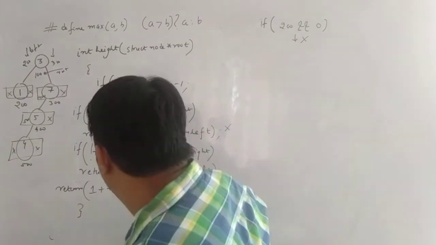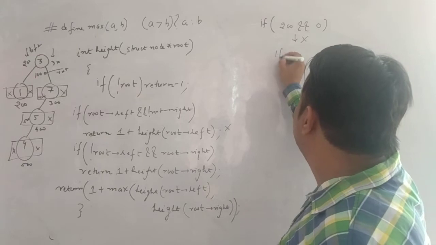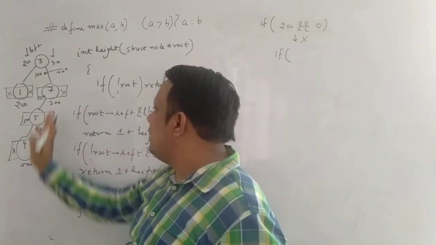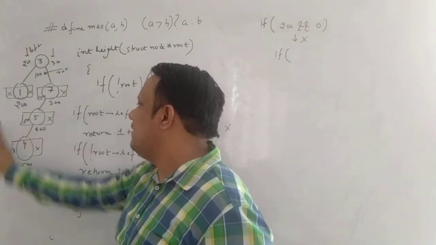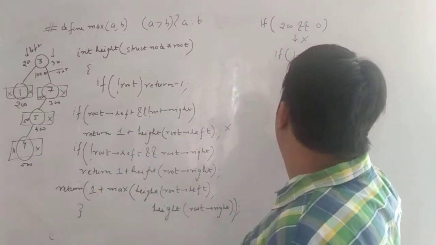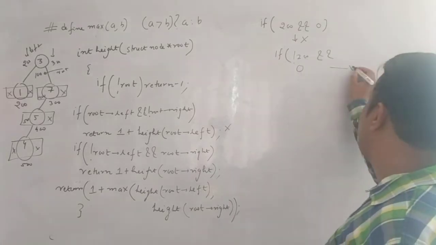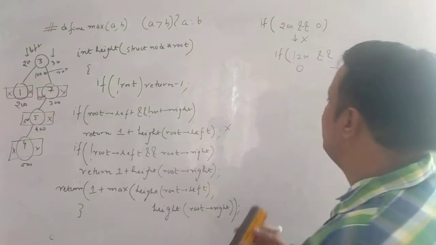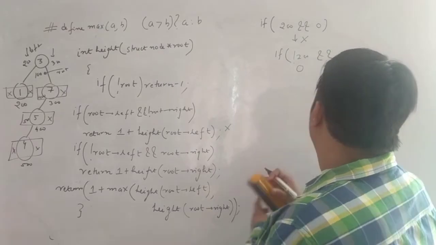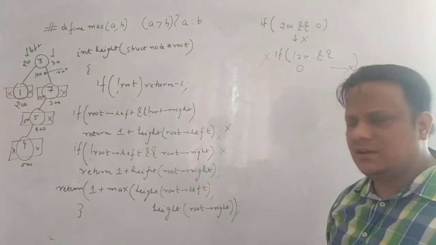Now moving further, if not of root left, it means if there is no left, but we have a left here. So if I write not of root left, not of 200 is 0, no need to evaluate further because this condition is going to be false. So this if statement also we will not evaluate because the condition is false.